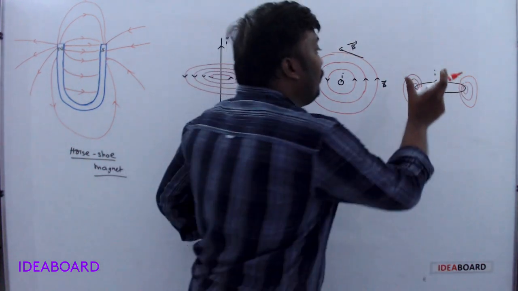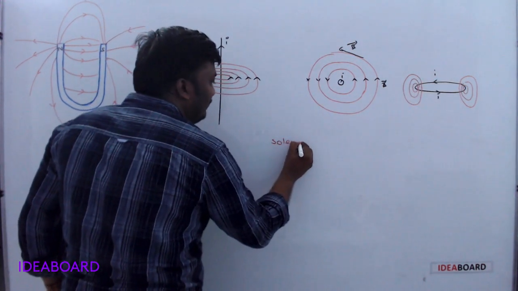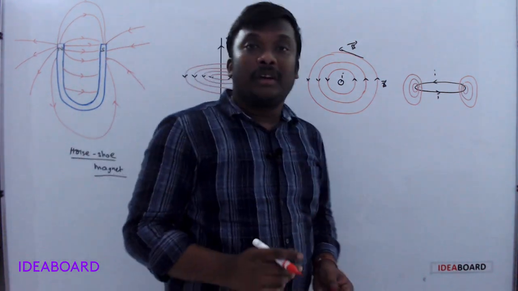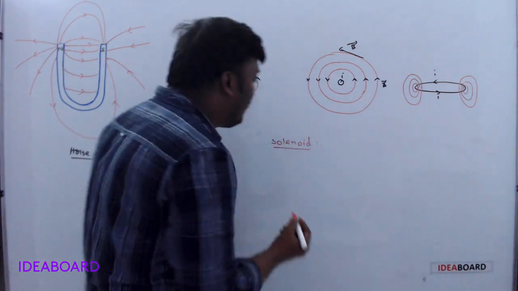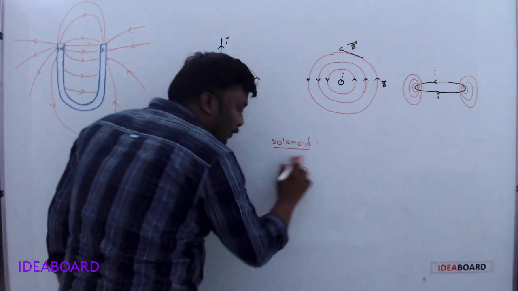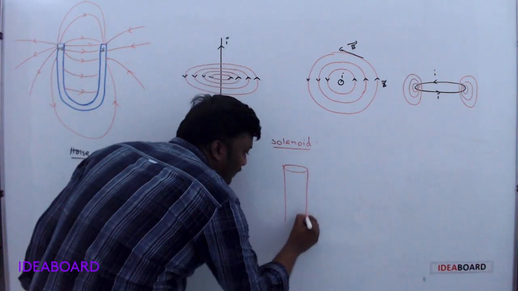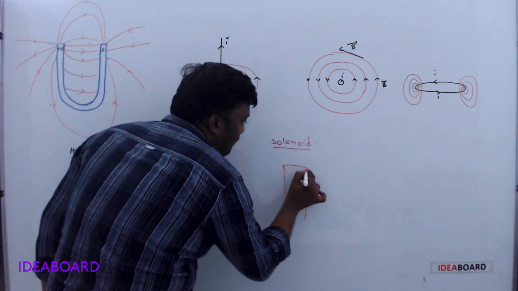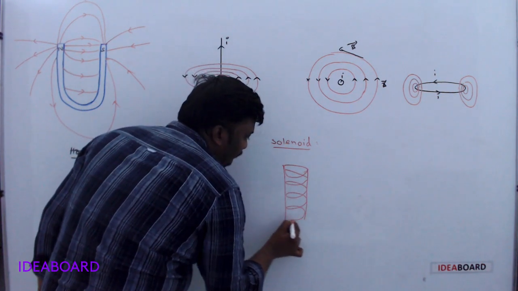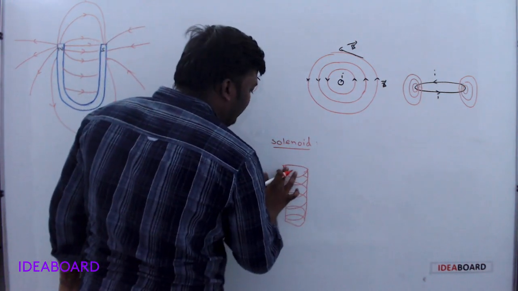Okay, if you consider one solenoid, a solenoid is nothing but a combination of a number of circular loops. So this type of circular loops are combined to form it like this. This is called one solenoid.